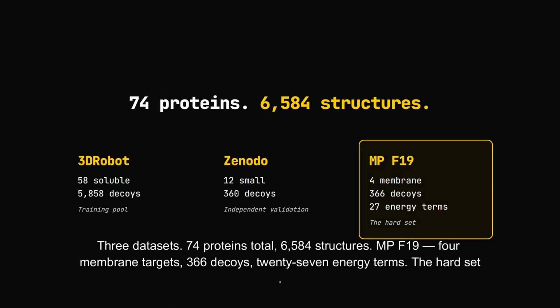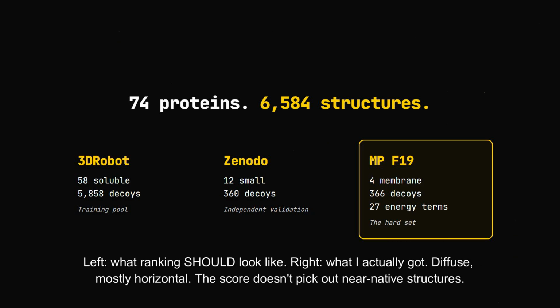The second, Zenodo, 12 small proteins, 360 structures used for independent validation. The third, MPF19, 4 membrane protein targets, 366 decoys. Each one has 27 pre-computed energy terms from Franklin 2019, an energy function specifically calibrated for membrane environments.